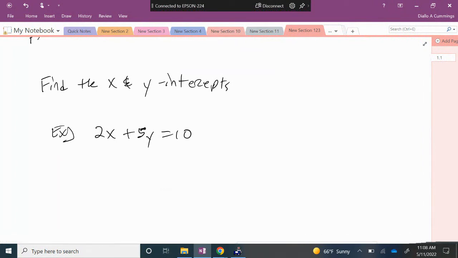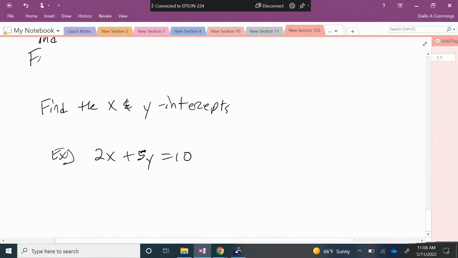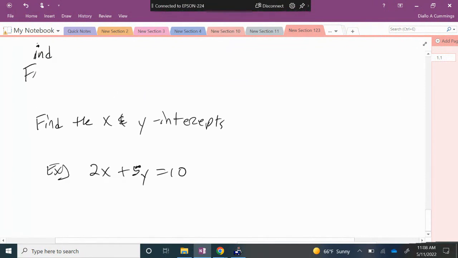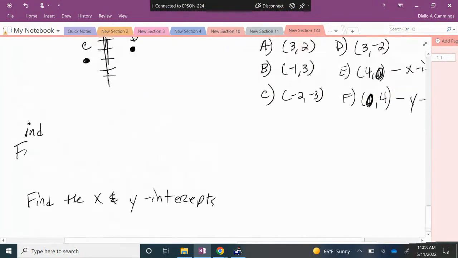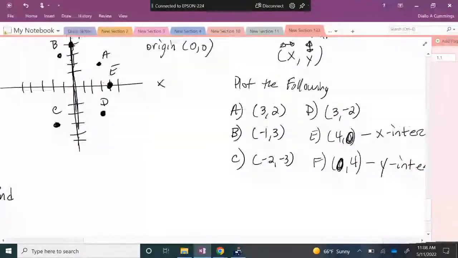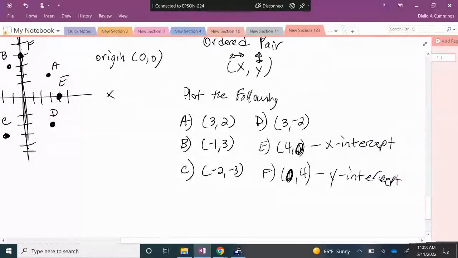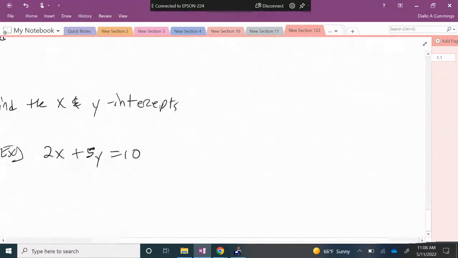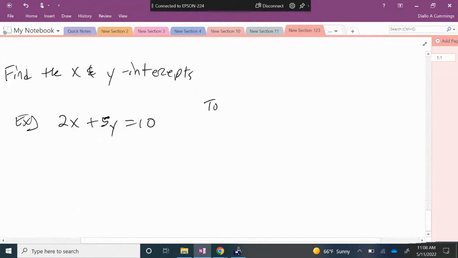All right, so if I'm given a function, and if I'm asked to find the x and the y intercepts, here is how we should proceed. We just saw from plotting points, if you're trying to find an x-intercept, that point should lie on the x-axis and its y-coordinate should be 0. So I'm actually going to write that out.